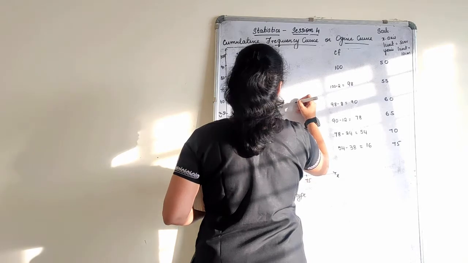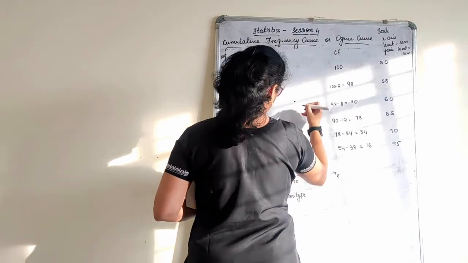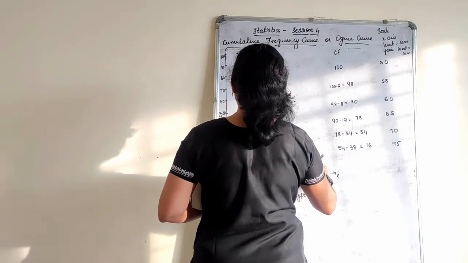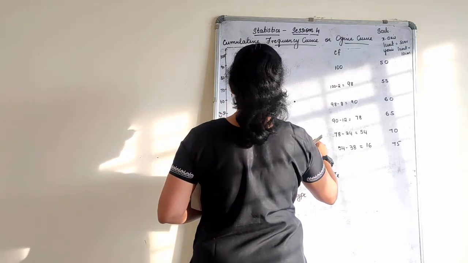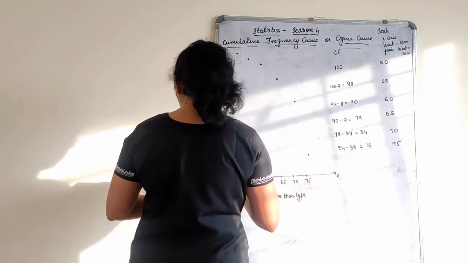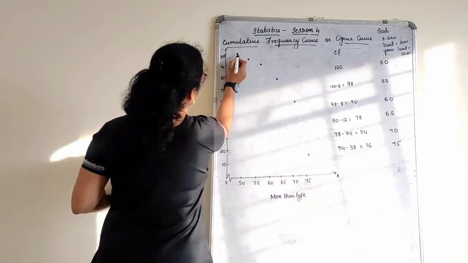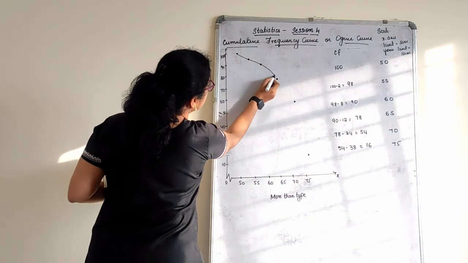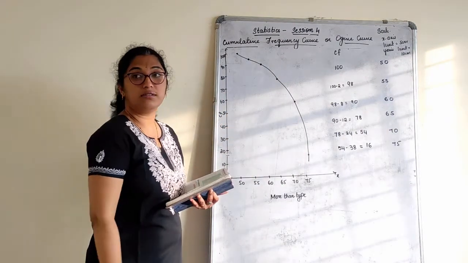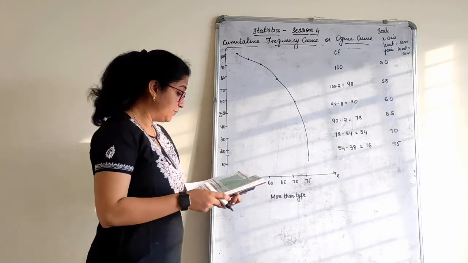Last 75 is 16. This is 20. This is 16. Yes, there we got it. It's actually coming down, right?